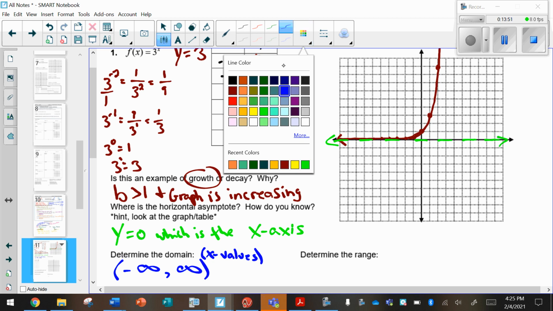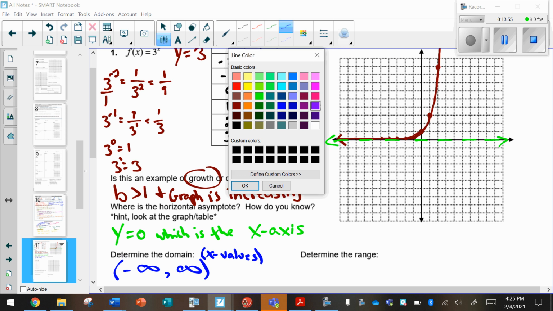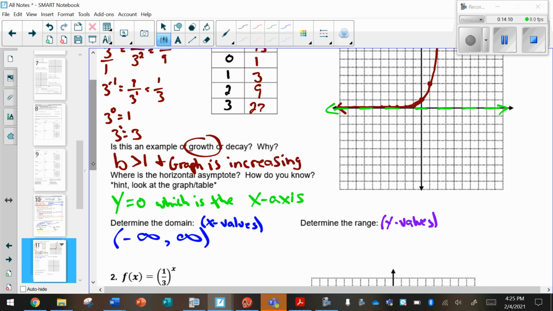Our range would be the y values. So the lowest y value and the highest y value. Now, our graph gets really close to that x-axis, almost to where y is equal to 0, but never actually reaches 0. So we represent that by a curved parentheses next to the 0, saying it never equals 0, but gets super close.